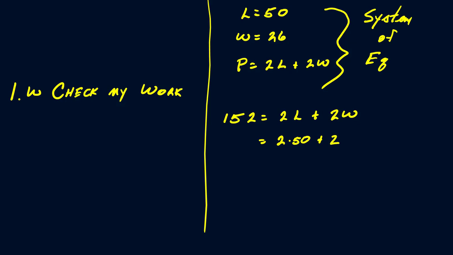Add 2 times the width, and the width is 26. 2 times 50 is 100. 2 times 26 is 52. 152 equals 152. That's a true statement. Just assuming that I haven't made any errors that canceled out. It looks like I've done everything perfectly.